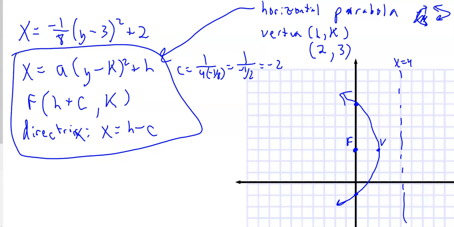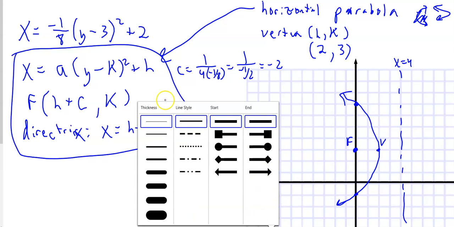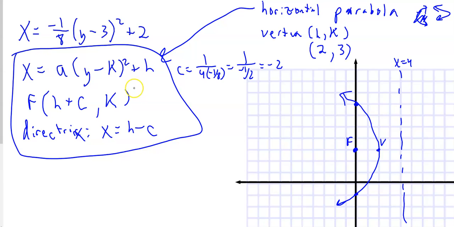Let's see if this works. Let's just try it. If I use the formulas, this would be h, which is 2, plus c, which is negative 2, comma k is 3. So I should have a point at 0, 3.